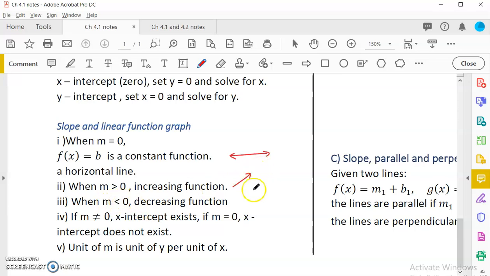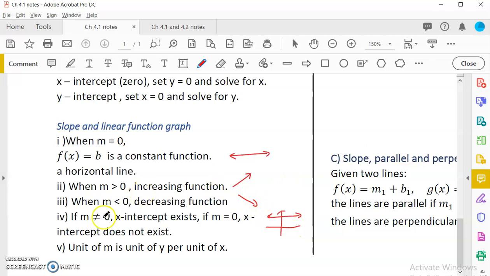If m is negative, then it's a decreasing function. If m is not 0, that means it's positive or negative, then you will have an x-intercept. But if m is 0, your x-intercept may not exist. Just imagine a constant function y equal to 10: this graph would never cut the x-axis, so you might not have a zero.